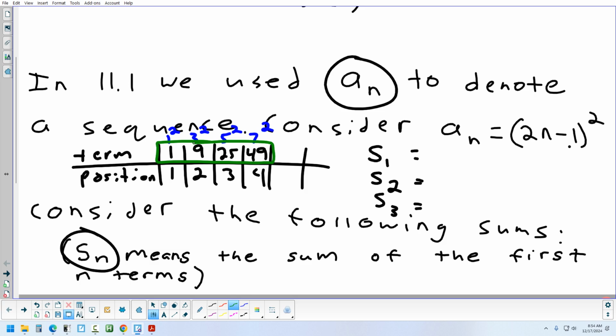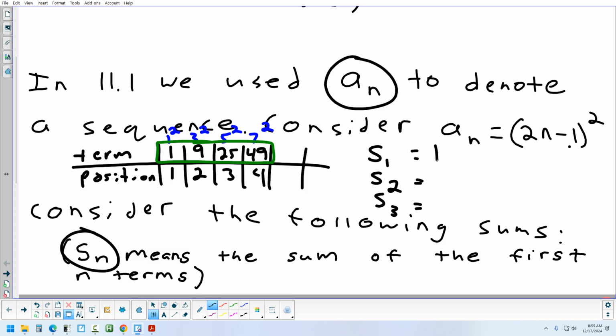Okay, it means to add them up. So S sub 1 means to add up all the terms up to the first term. What do you get if you add up every term up to the first term in that green box? 1. Just 1. Yeah. It's basically just the first term.